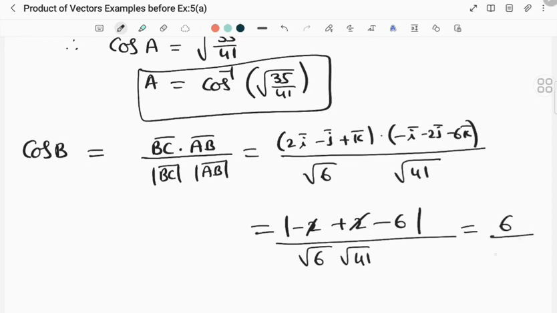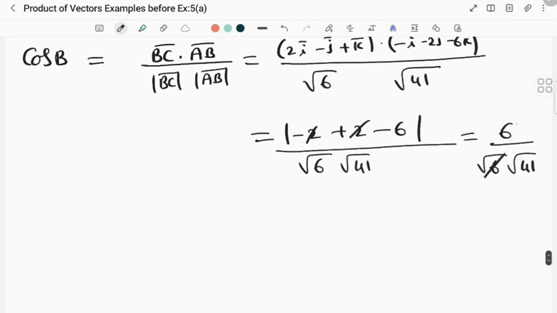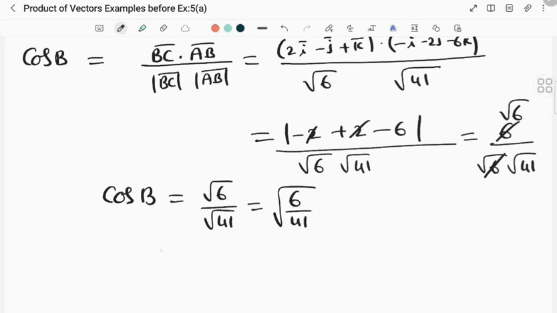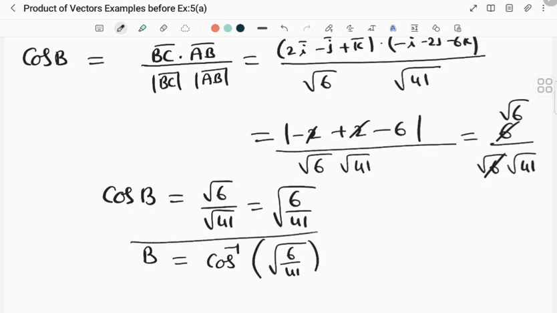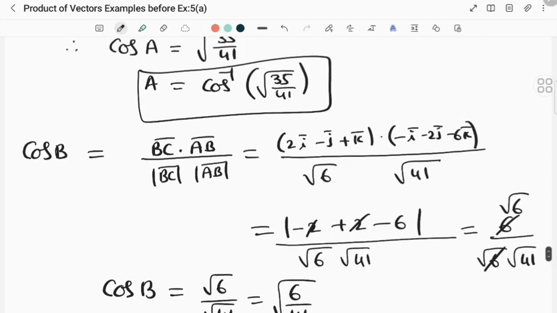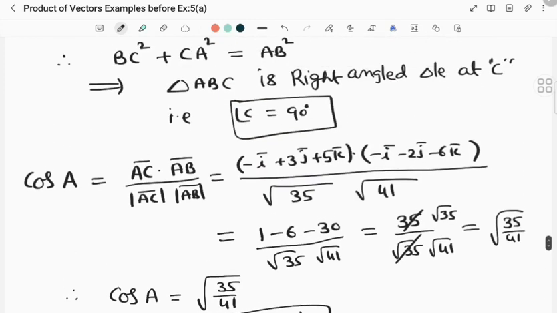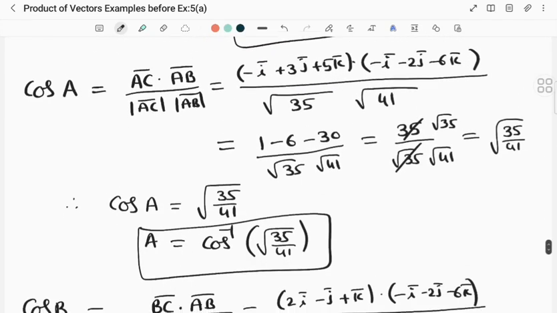So 6 by root 6 into root 41. Root 6 times will be cancelled. So cos B equals root 6 by root 41, which is equal to root 6 by 41. Therefore B equals cos inverse of root 6 by 41. So other angles also we got. Angle A is this one, angle B is this one, angle C we got already, 90 degrees, hence proved.